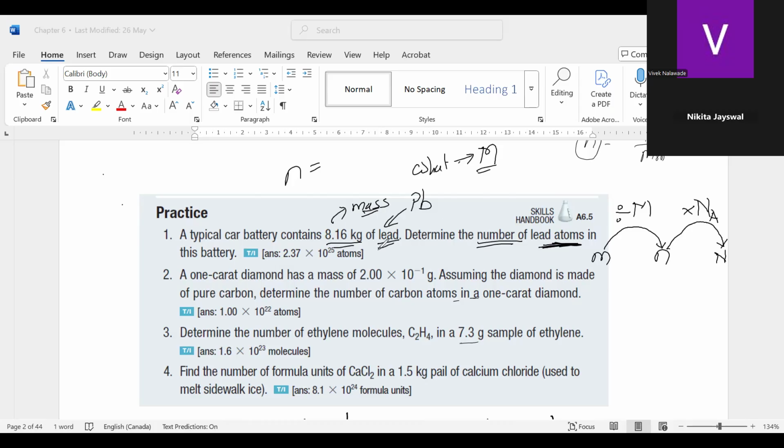For this question, do you have the mass 8.16 kg? Can you calculate the moles? Do you know the molar mass of lead? 207. Yeah, so can you calculate the n?